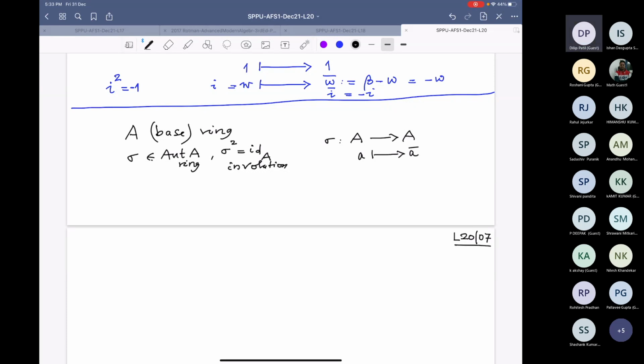Bar means this is sigma. This is an arbitrary automorphism, but this.